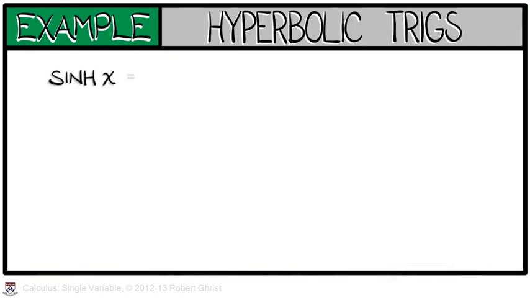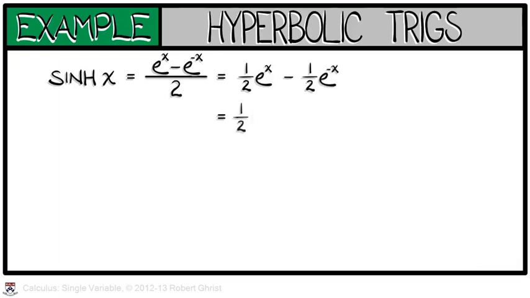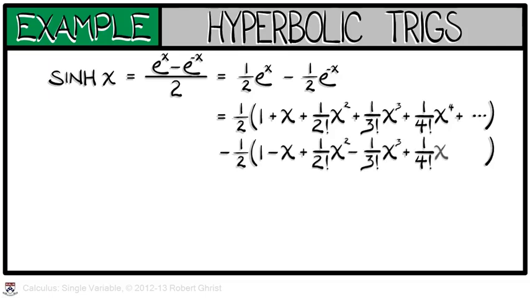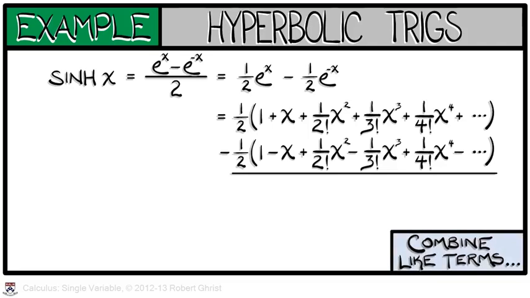Does the same hold for the hyperbolic sine? Well, let's investigate and see. Following the same method as before, we'll use the Taylor series for e to the x, and then the Taylor series for e to the minus x. But now, instead of adding these two terms together, we are going to subtract the latter from the former.